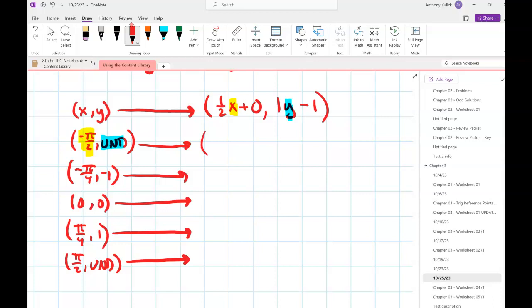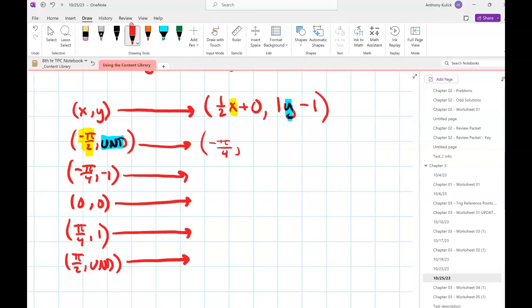How do you multiply fractions? Negative pi over 4 is the correct answer. Again, we multiply fractions. Tops multiply with tops. Bottoms multiply with bottoms. So negative 1 pi times 1 is just negative pi. 2 times 2 is 4. Negative pi over 4. And if you add 0, it doesn't do anything, right? Nobody had questions about that part.